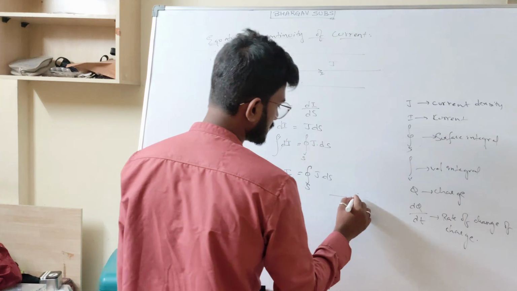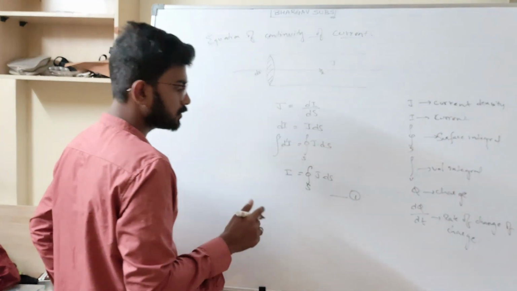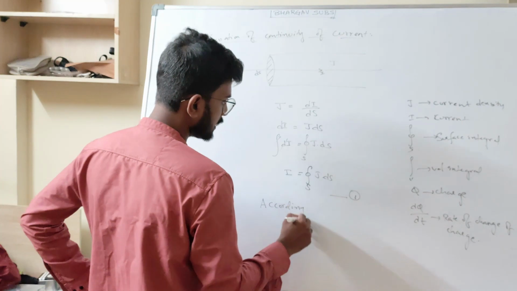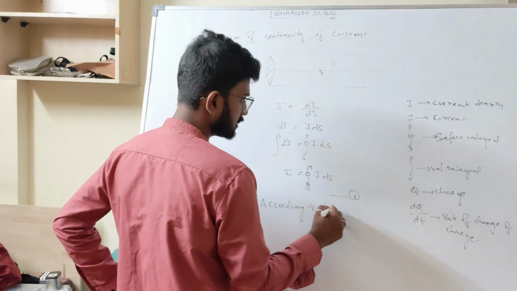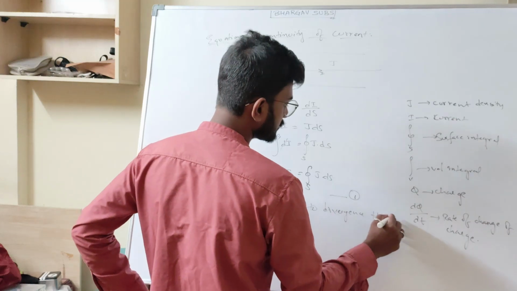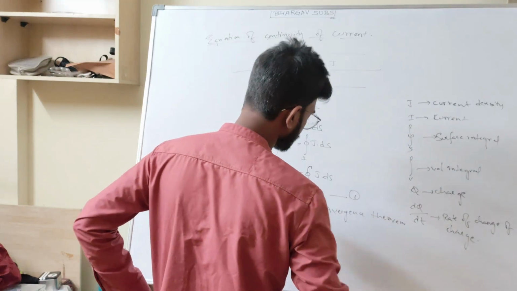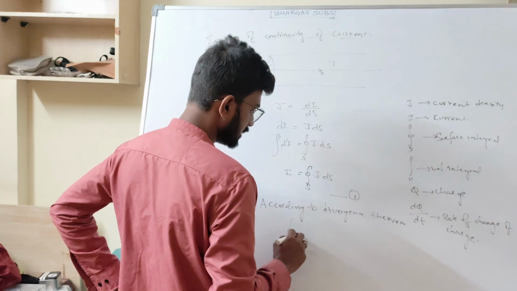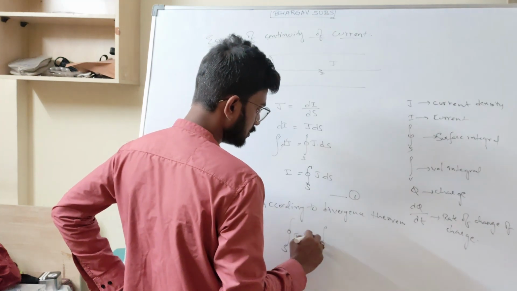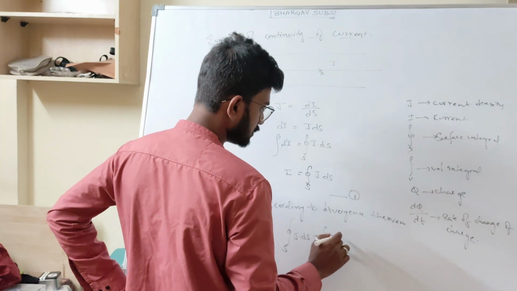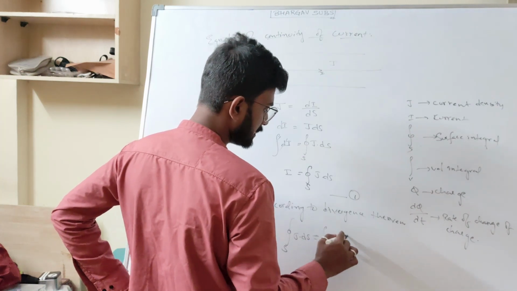So this was the first equation. Now according to the divergence theorem, what do we have? Surface integral J dot ds is equal to volume integral of divergence of J dv.